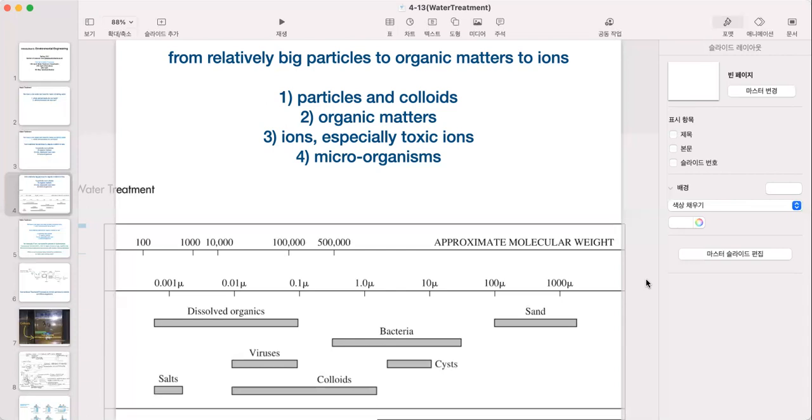Of course, there is a pore, but if you measure the size of a pore, there is virtually no pore at all. So a reverse osmosis membrane, generally RO, is a non-porous membrane without pore.